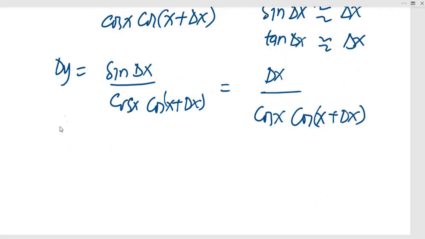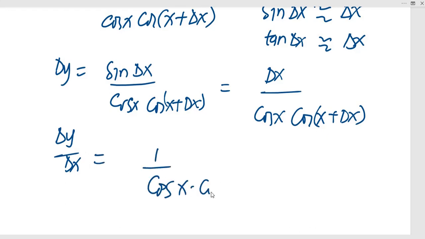Now I can divide both sides by delta x, so that I have delta y over delta x equal to 1 over cos x times cos of x plus delta x.